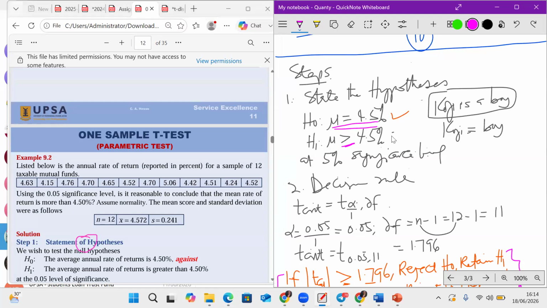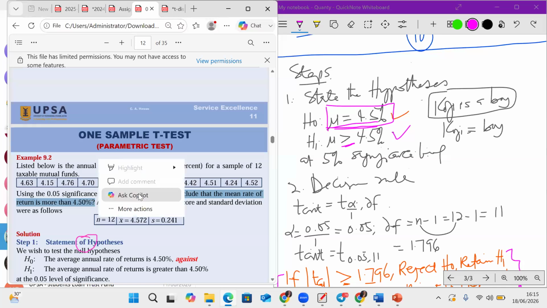Because we are rejecting the H1 doesn't mean you go and write it that way, that the mean rate is 4.5. No. From their own words, that's how you coin it for them. They want to know whether their perception or perspective here, which is whether it is reasonable to conclude that the mean rate of return is more than 5%.